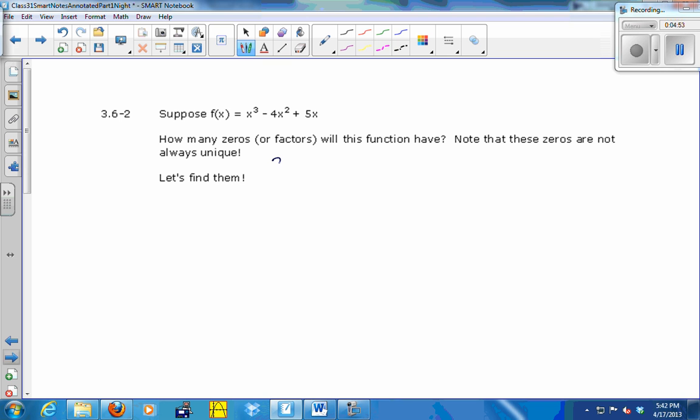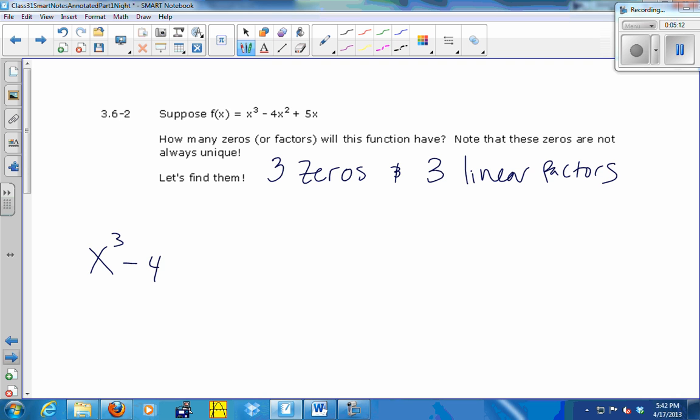It should have 3 zeros and 3 linear factors. So we're going to find them. Zeros are places where the function equals 0. So I want to solve x cubed minus 4x squared plus 5x equals 0.